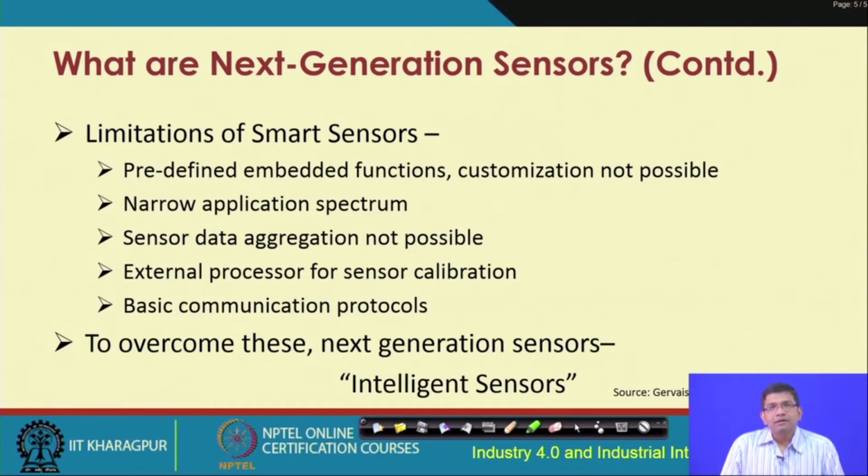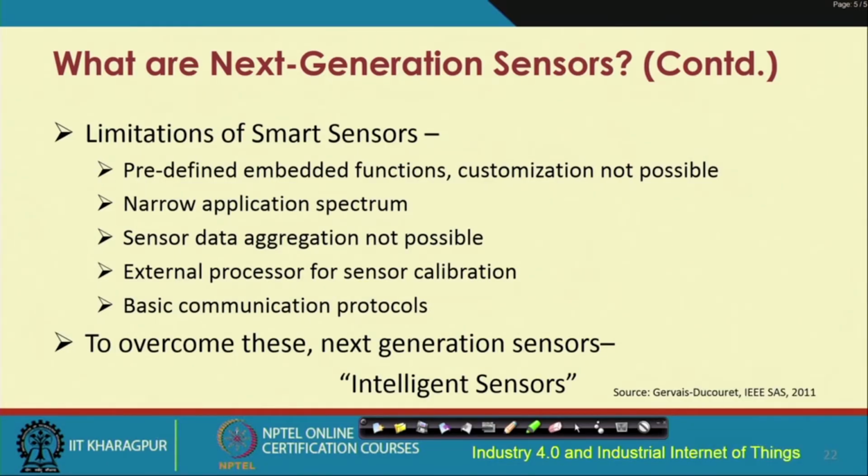Sensor data aggregation using these sensors is not possible or only limitedly possible. An external processor for sensor calibration is required for these smart sensors, and also they would support very basic lightweight communication protocols. So, for overcoming all of these different limitations of smart sensors, next generation intelligent sensors have been proposed.